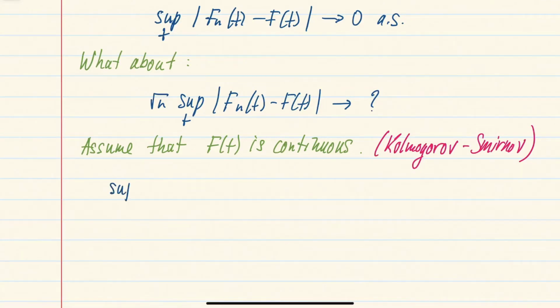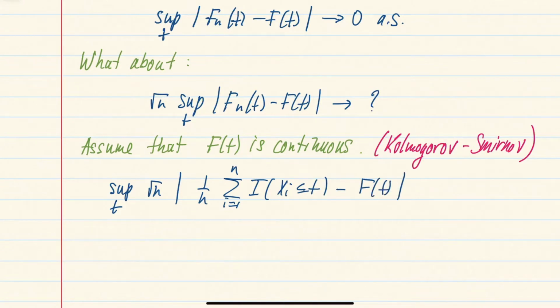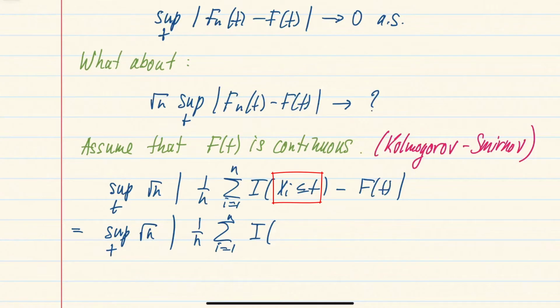So if we consider this supremum above, first of all, let's write something which is maybe not automatically completely correct, but we'll give a justification of this in a second. What I want to do here is, inside the indicator, apply a function F to this inequality xi less than or equal to t, and so write F(xi) less than or equal to F(t).